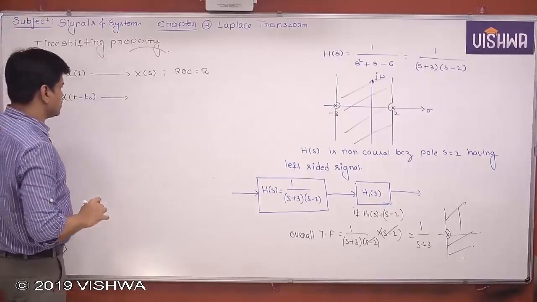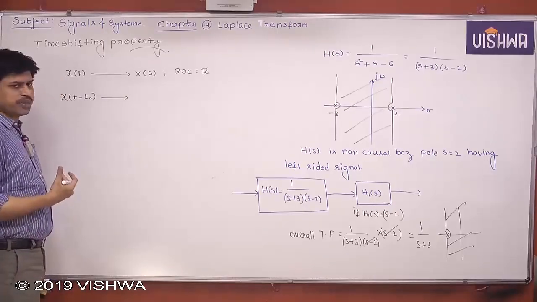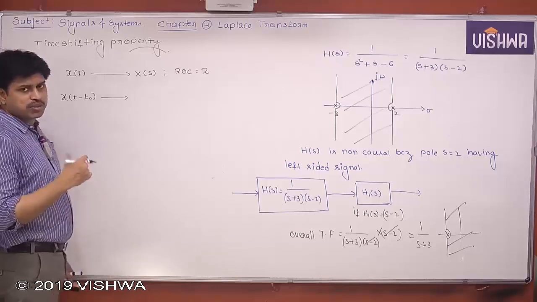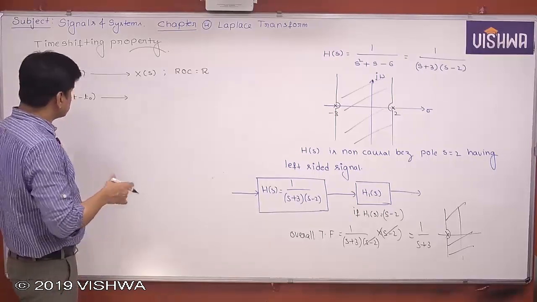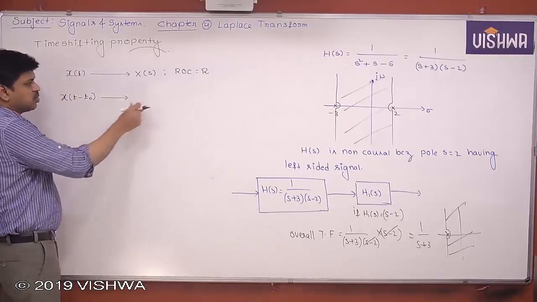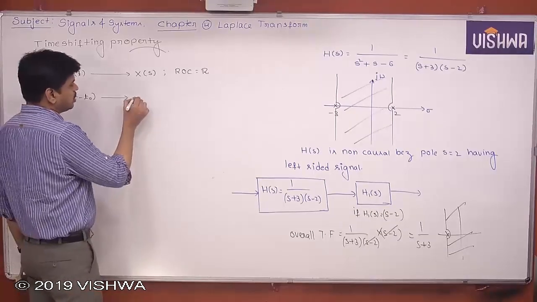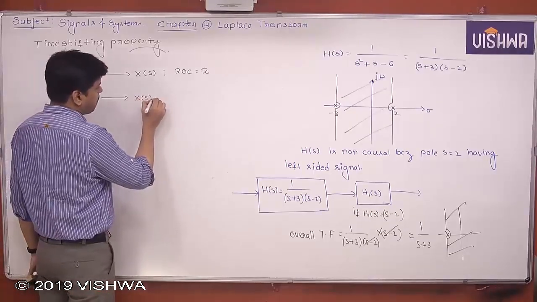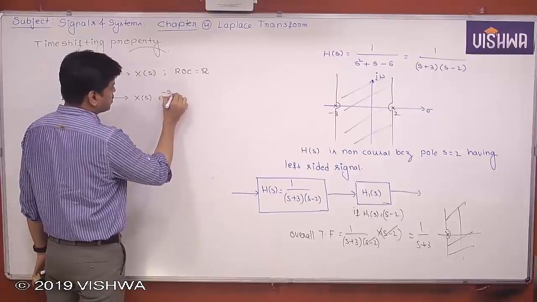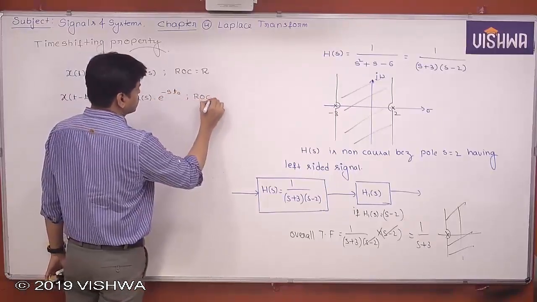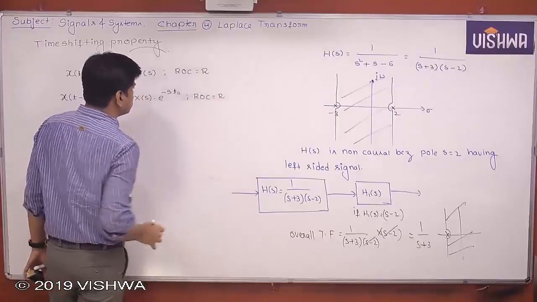I already told you so many times: shifting in one domain leads to exponential multiplication in the other domain. So here time shifting is there, so in the S domain it has to be exponential multiplication. Then x of s e power minus s t naught. But here the ROC does not change. The ROC is going to be the same.